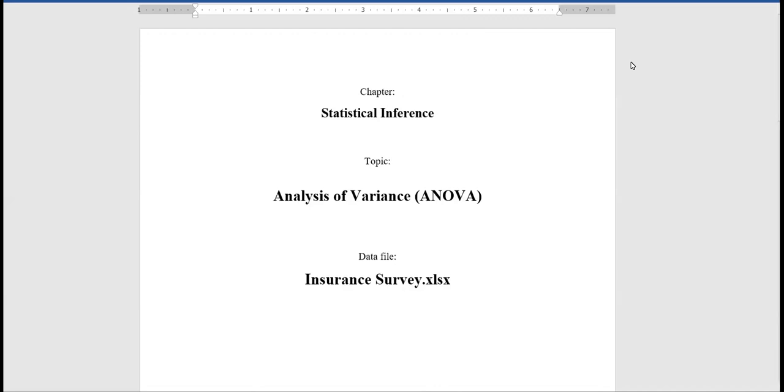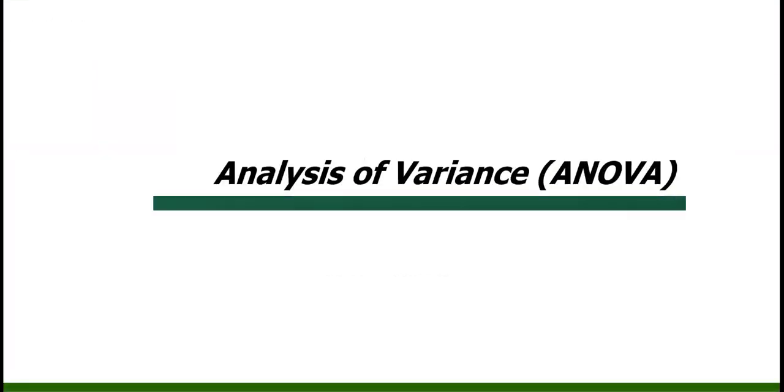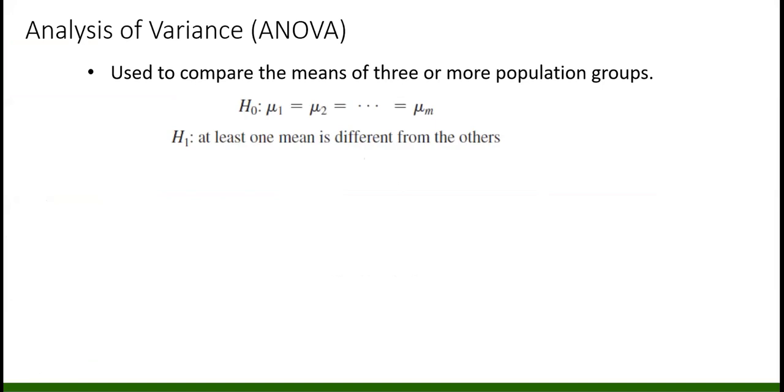In this video, we're going to talk about analysis of variance or single factor ANOVA, and we're going to use the data file insurance survey. In order to test the equality of means for three or more population groups, we need to perform an analysis of variance or ANOVA test.